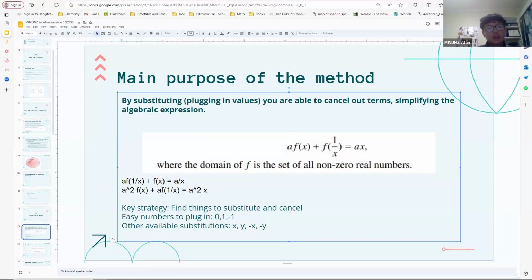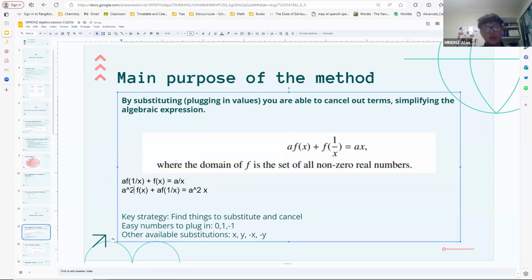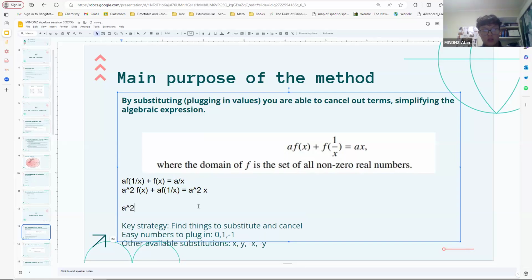So now we can cancel out a f of 1 over x, which gives us something times f of x equals something related to x. So if we use simultaneous equations, using the first expression minus the second expression, we have a squared f of x minus f of x equals a squared x minus a over x, right?